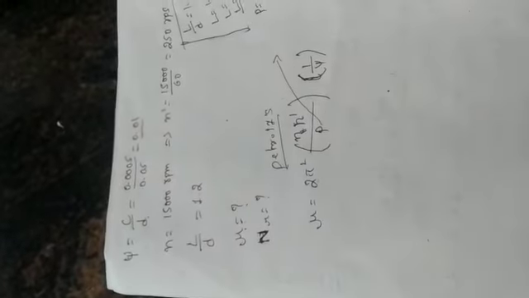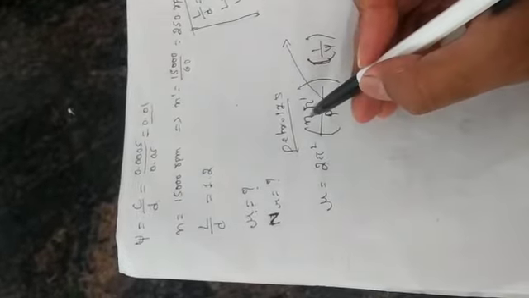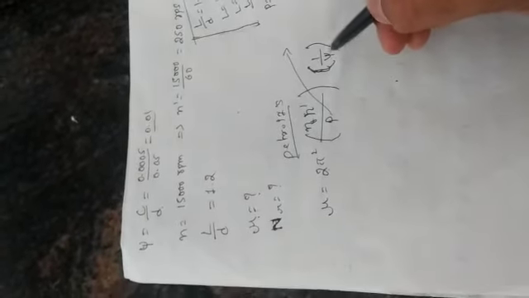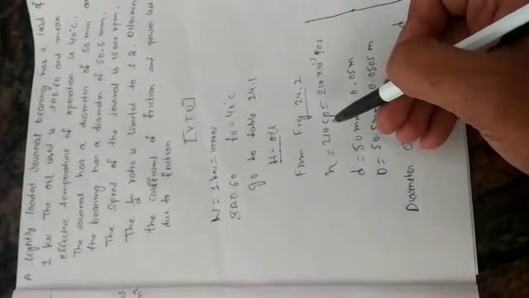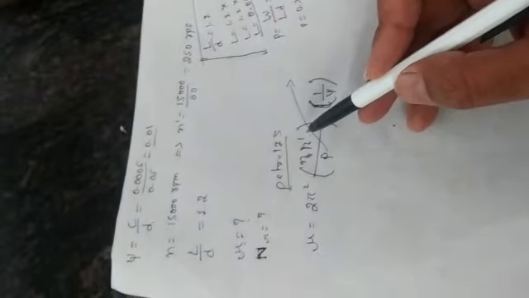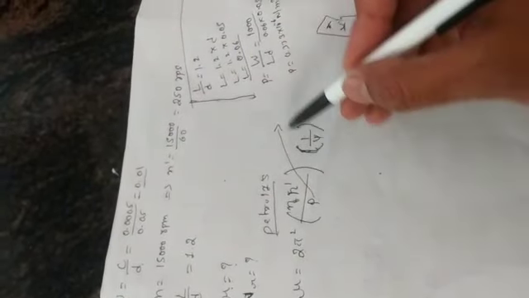It says mu equals 2 pi square into eta, the viscosity, into N dash divided by P, into 1 by psi. Eta is the viscosity we already found from figure 24.2, 210 into 10 power minus 3 Pascal second. N dash is 250 rps. We know that P is equal to W by LD.